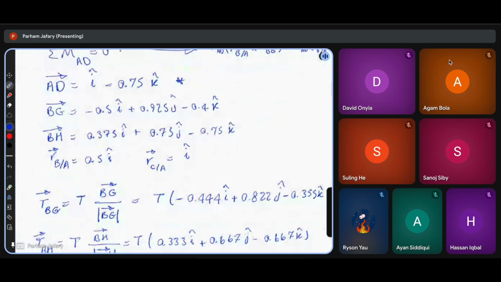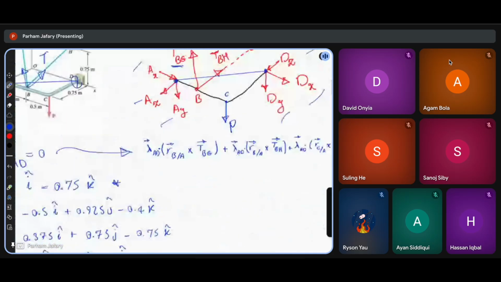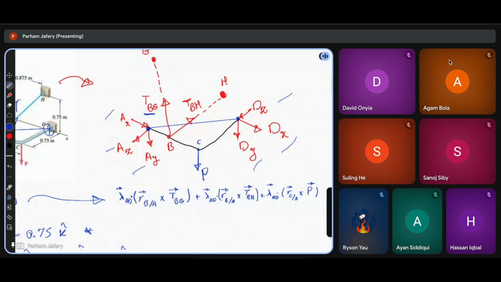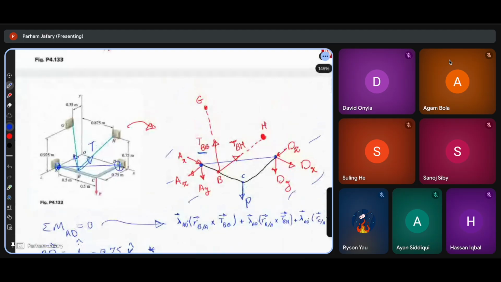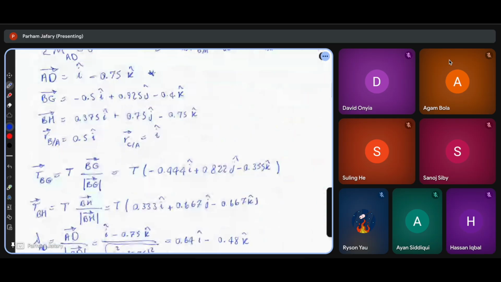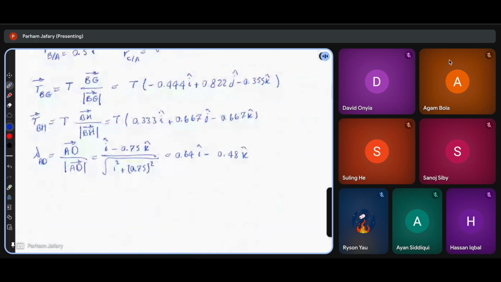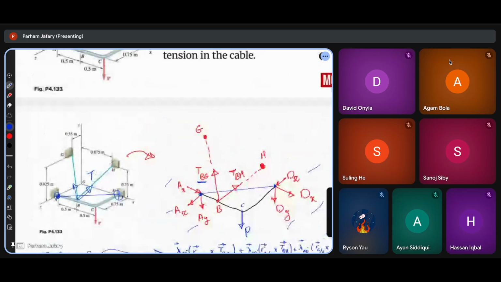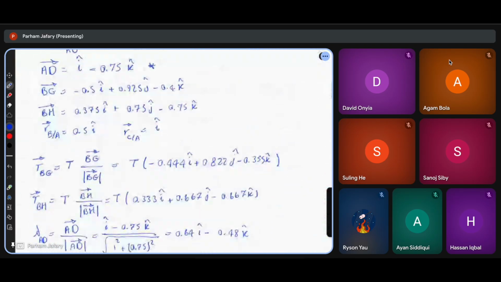So the only thing that we haven't actually written down is the vector for force P, which is really simple, right? Let me write it down here. So force P has a magnitude of how much? 268 newtons.